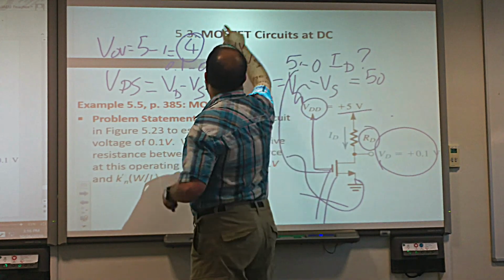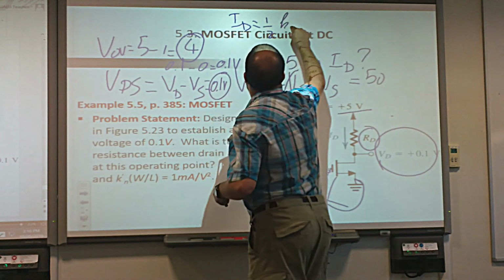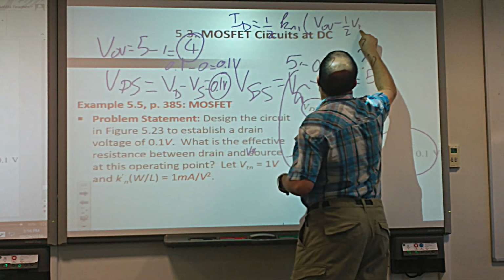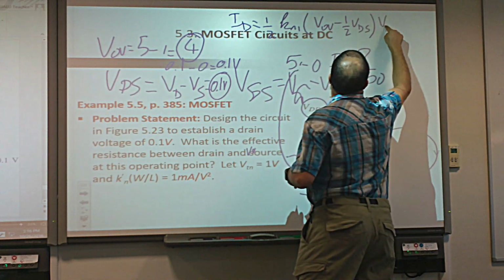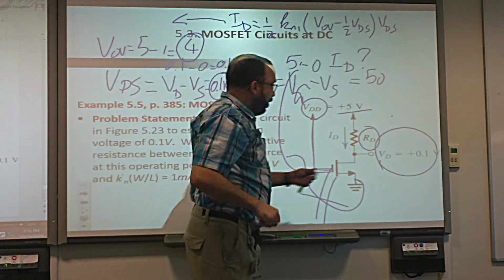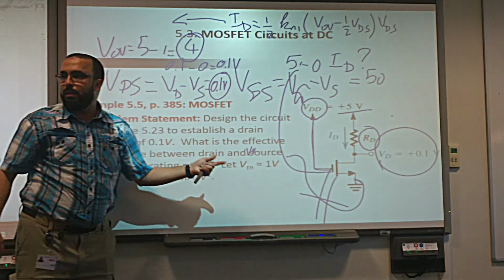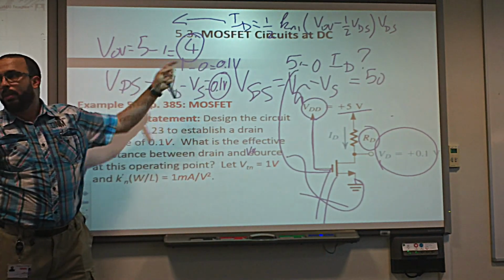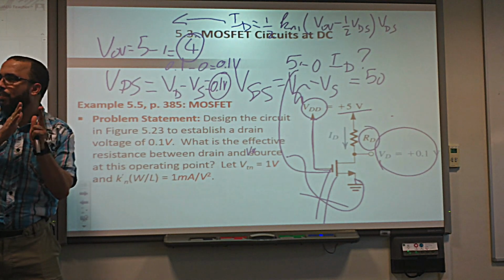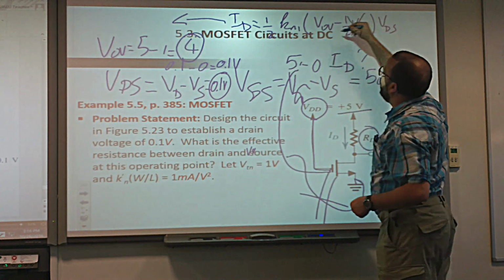The equation for that is ID equals Kn times V overdrive minus half of VDS, times VDS. V overdrive is 4 volts and VDS is very small, so we can ignore this term compared to this.